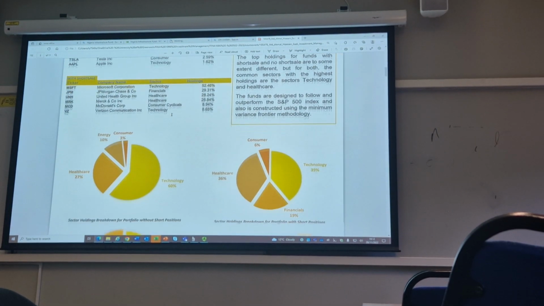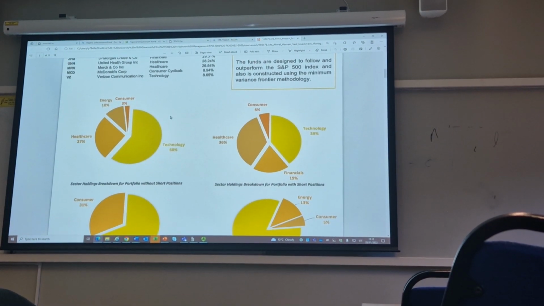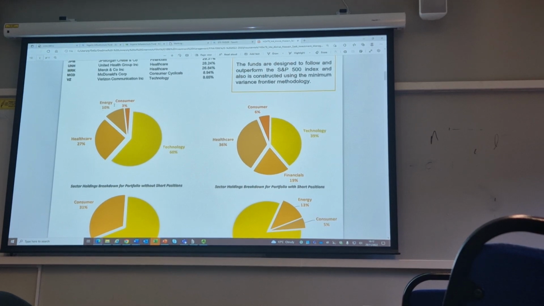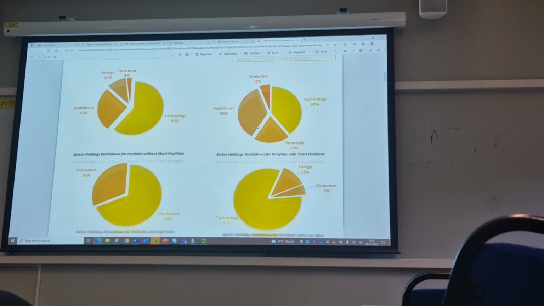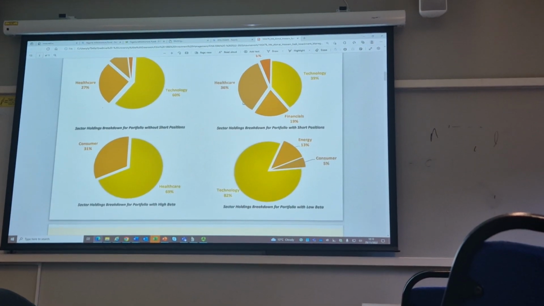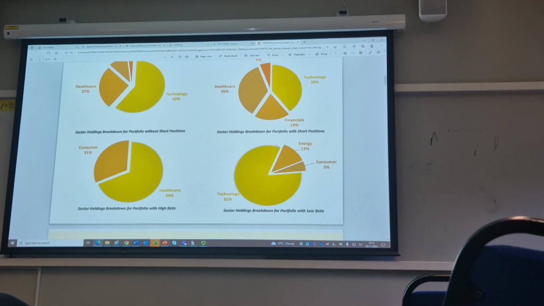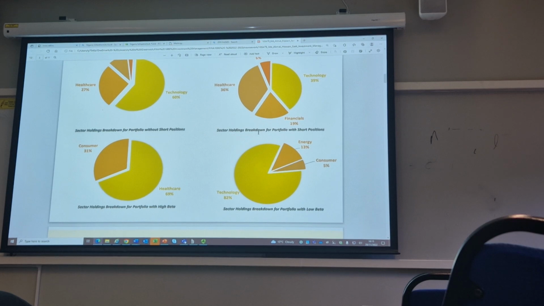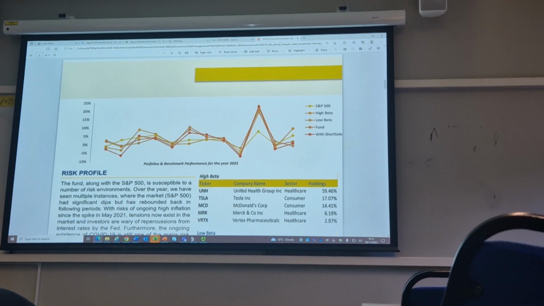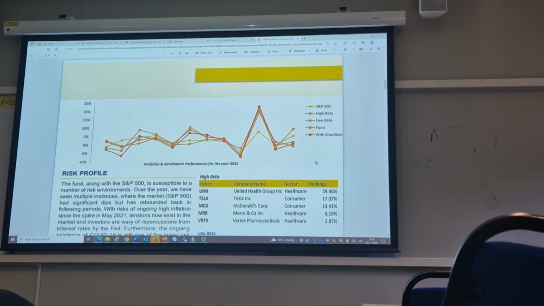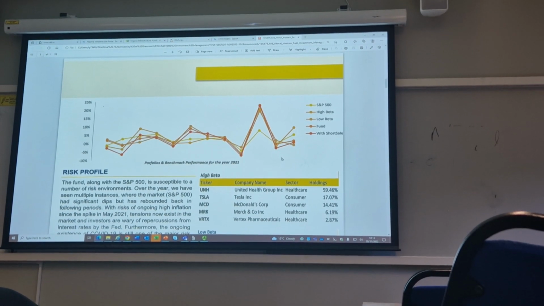And then we can use a figure to show the weights of different sectors. So it's very clear, right? We're very straightforward in terms of the sectors included in each fund. And then it's the performance of these funds compared to the benchmark.